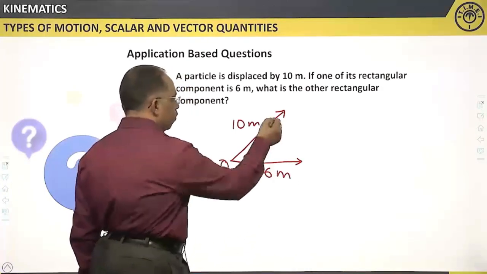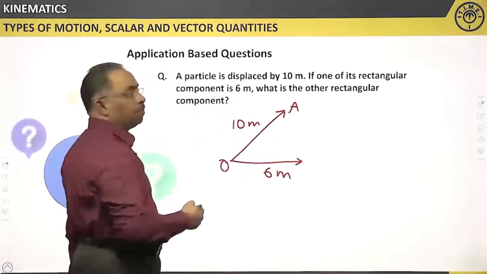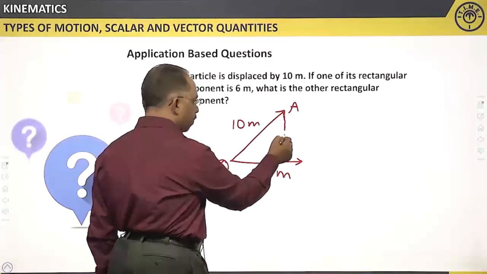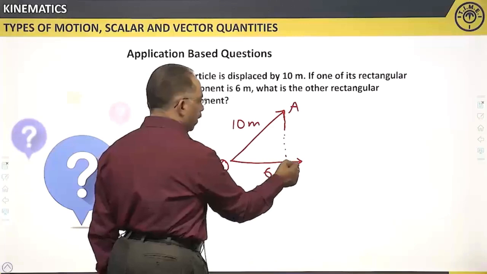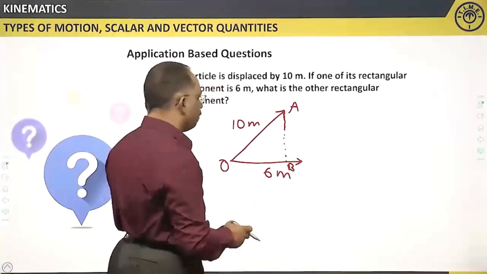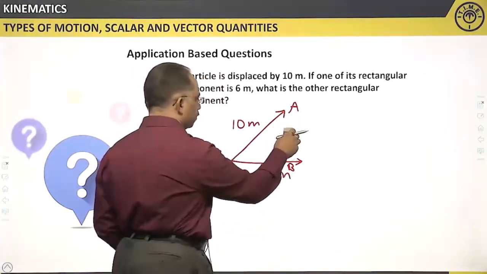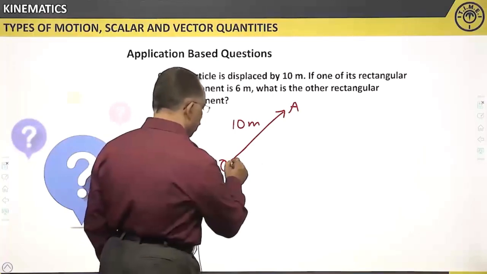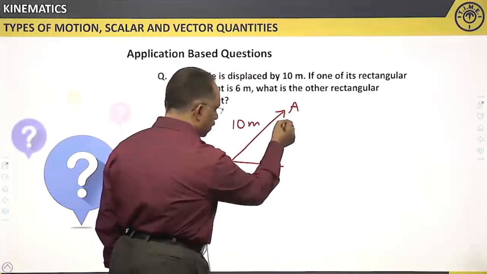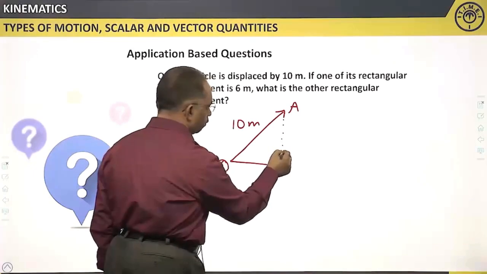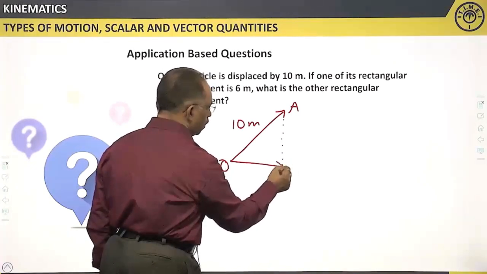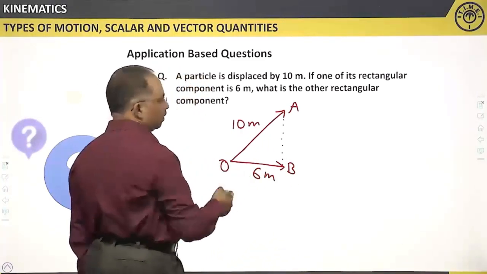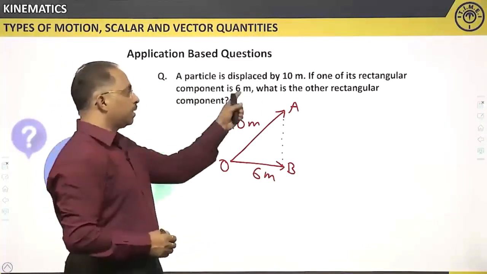Let me take it as OA. OA is 10 meter. Then correspondingly, I take the rectangular component, say O to B, up to this, say this is 6 meter. This is given. What is the other rectangular component?